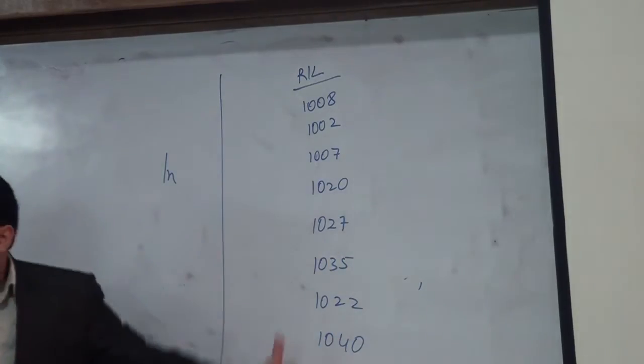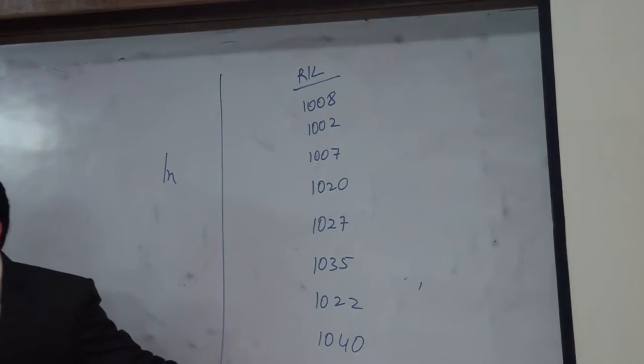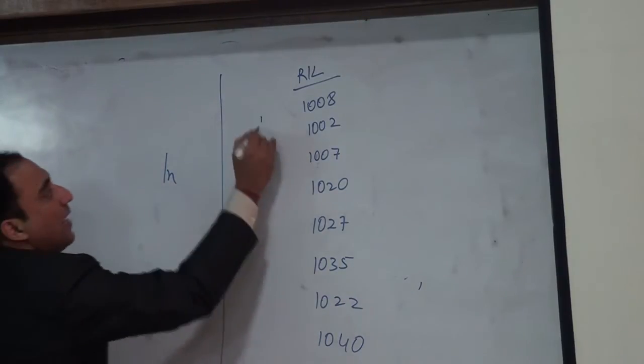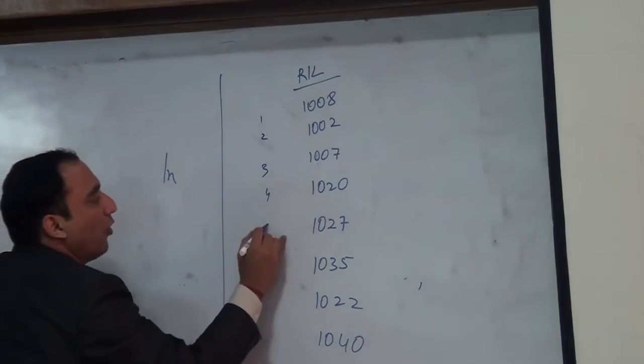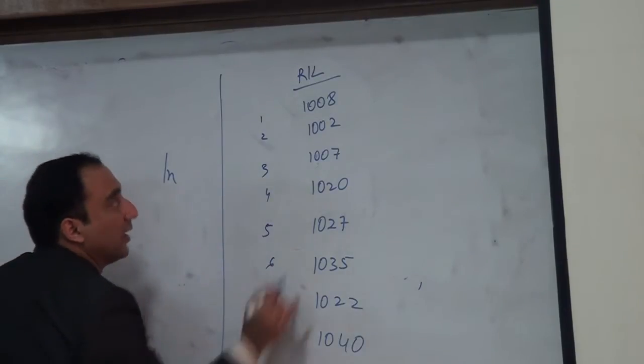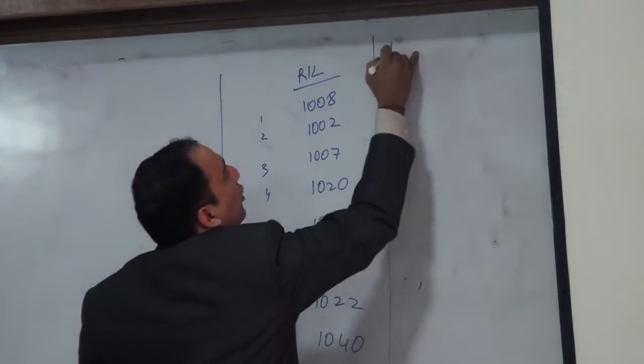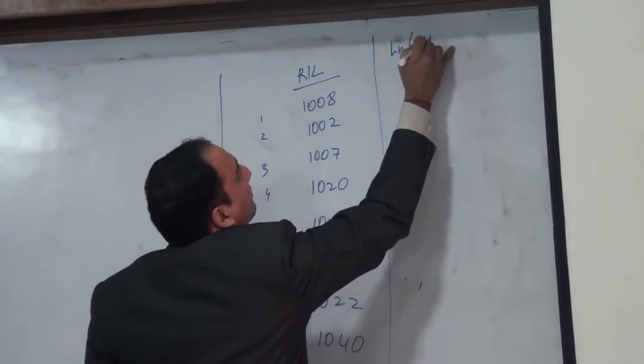These are all the prices. Now, if I take log of all these prices and I do L2 minus L1, so this is time period 1, 2, 3, 4, 5, 6, 7, 8. Right? What I will do is take ln of RIL.